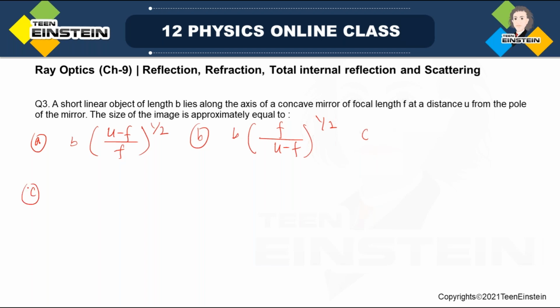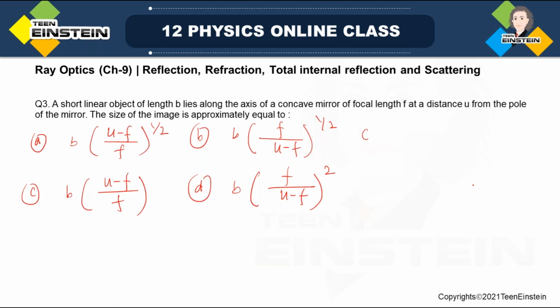Option C is b into u minus f divided by f, and option D says the image size will be f divided by u minus f, whole square. Okay, this is the question.